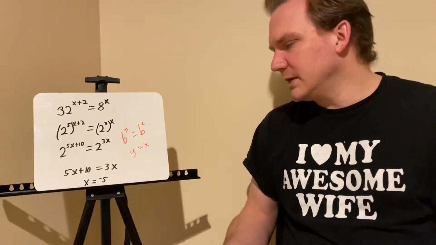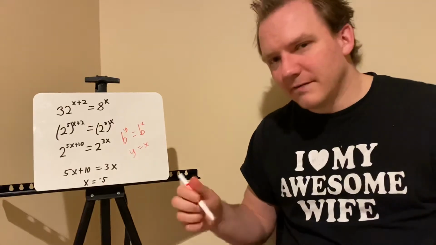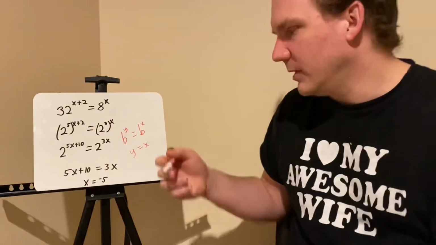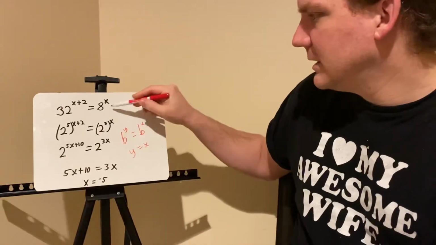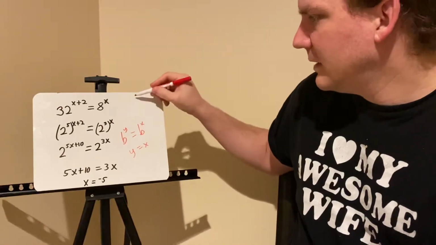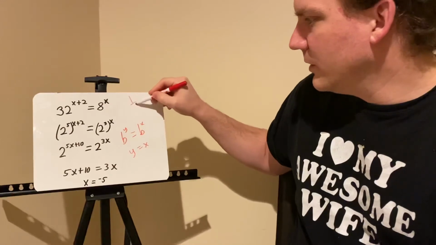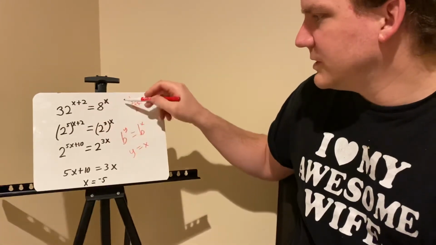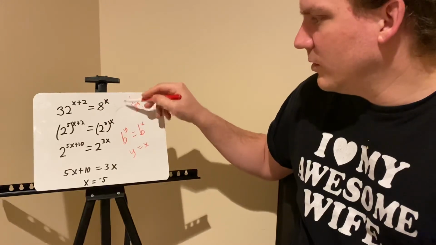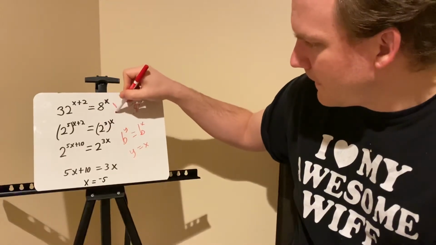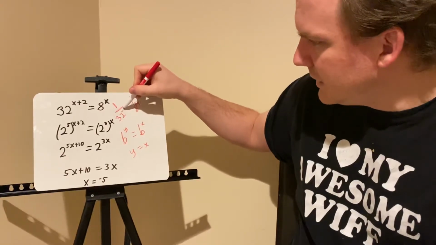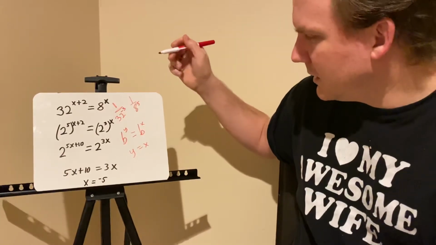The strange thing here, though, is when I do graph it, the y-coordinate it gives me is not accurate. For example, if I did 8 to the -5, that would end up being 1 over 8 to the 5th. If I did 32 to the -5 plus 2, that would end up being 1 over 32 to the -3.